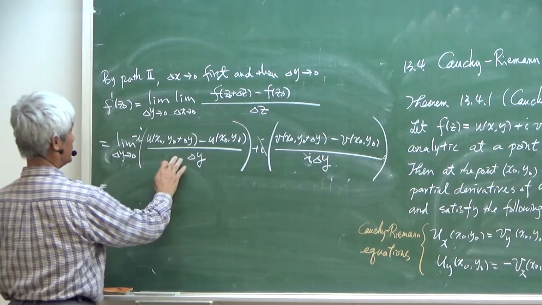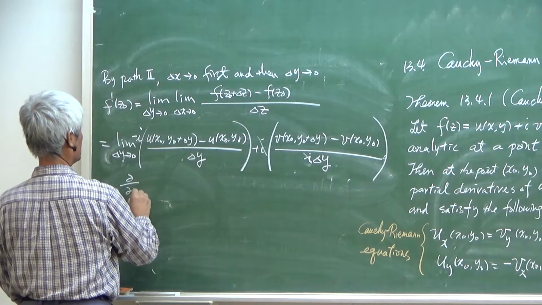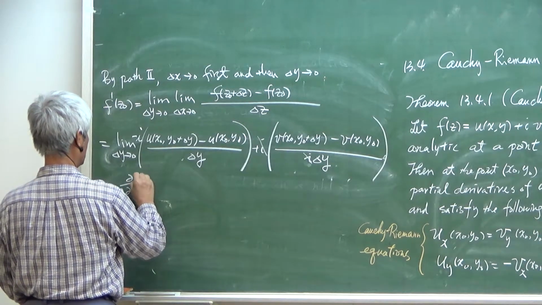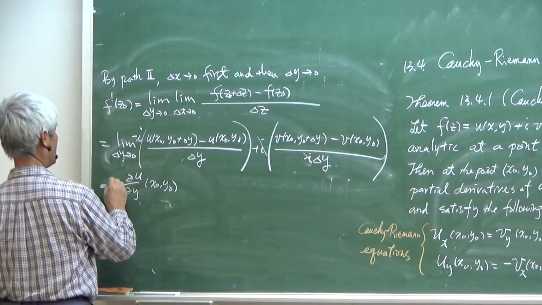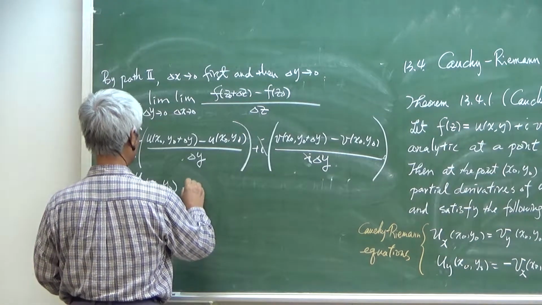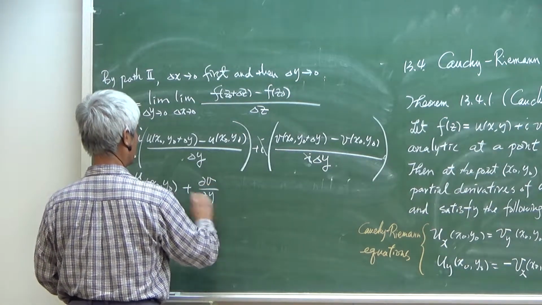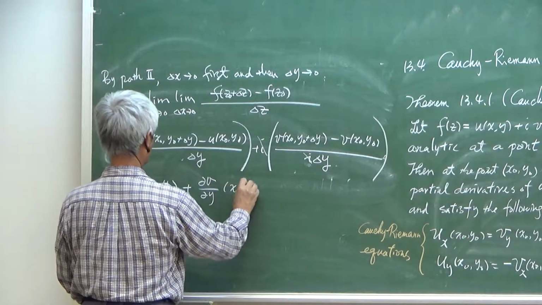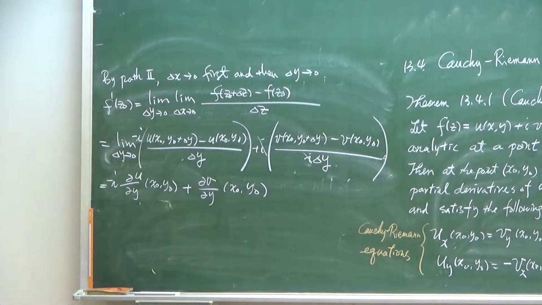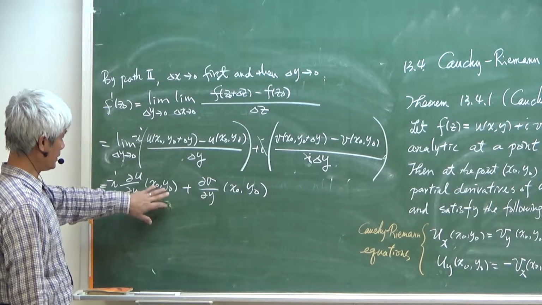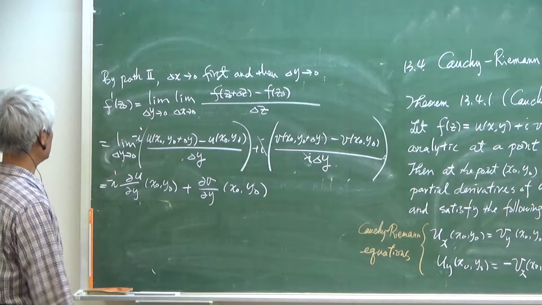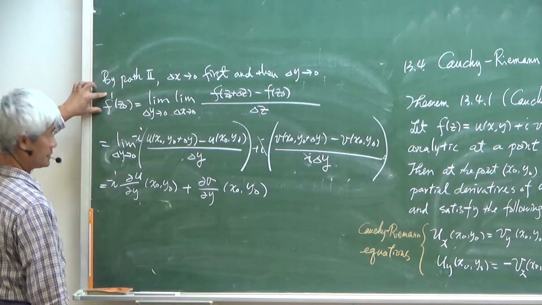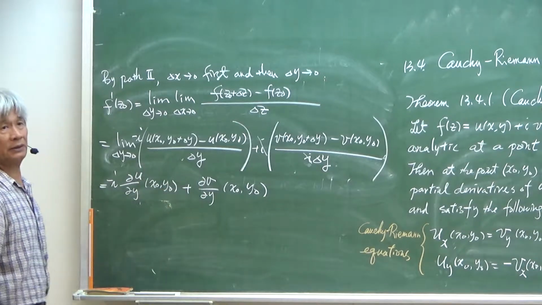And so we have u_y at x0, y0, so minus i, and for here we have v_y at x0, y0. So we know this partial derivative exists at x0, y0, and this other partial derivative exists at x0, y0. And we also proved that this derivative is equal to the expression here.